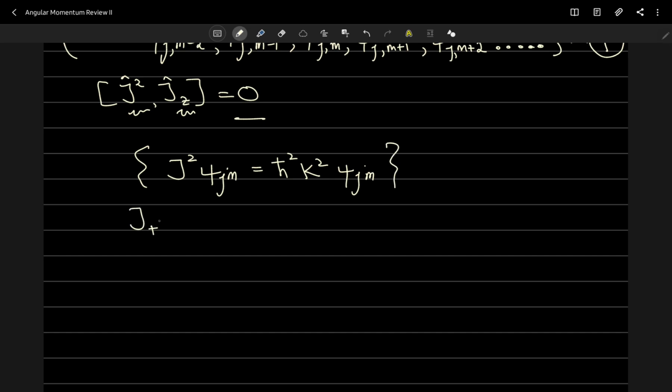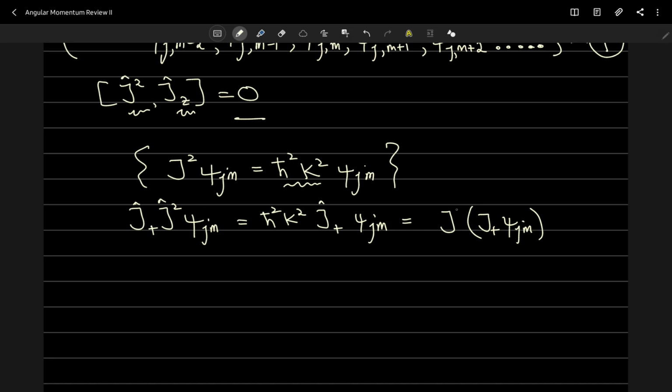So j plus on j squared psi j m is equal to, again, these are just constants and we could throw them out, so you would have h bar squared k squared outside, and then j plus acting on psi j m. And this is the same as if I were to operate first with j plus on psi j m, and then operate on it with j squared.